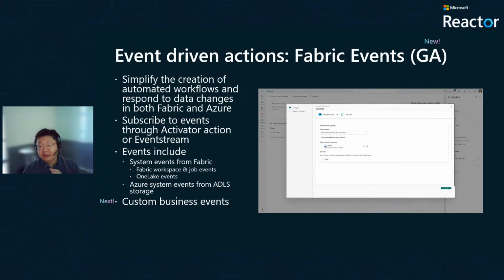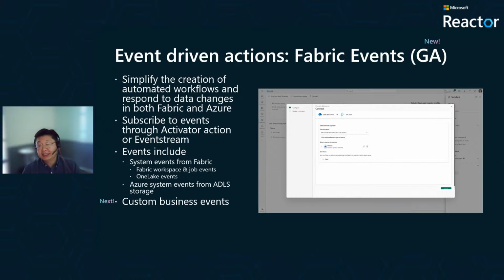For example, you can use an activator to subscribe to the events, and once events reach the activator, you can define a certain rule on it, and once the rule criteria is met, then you can trigger a certain action.